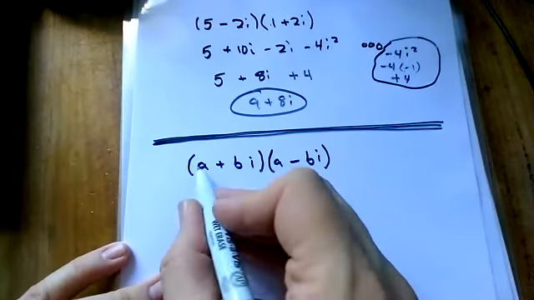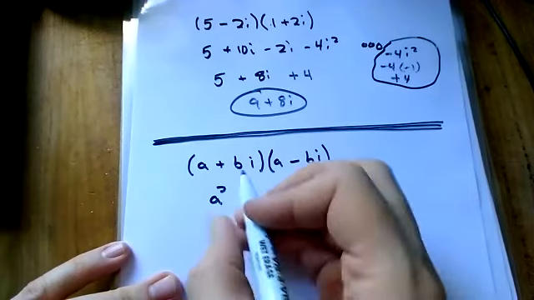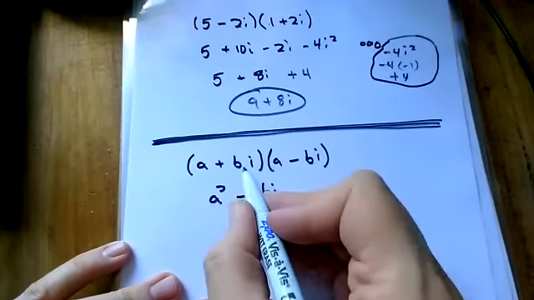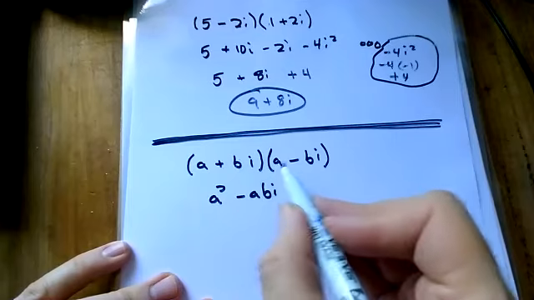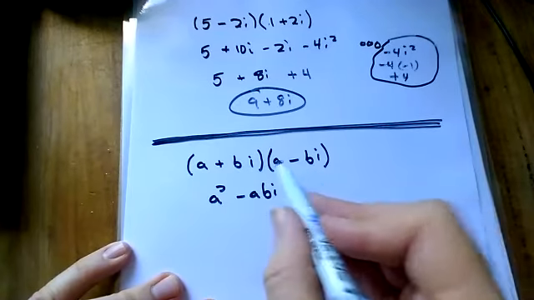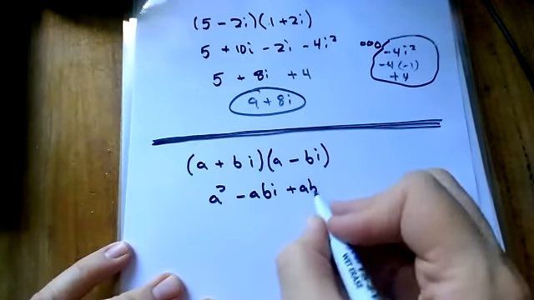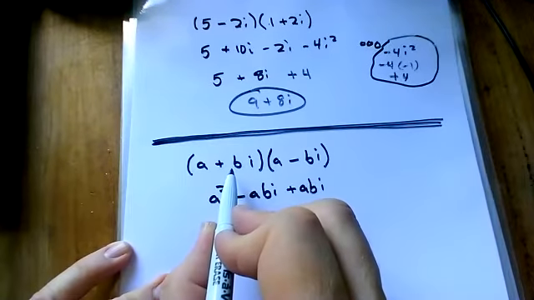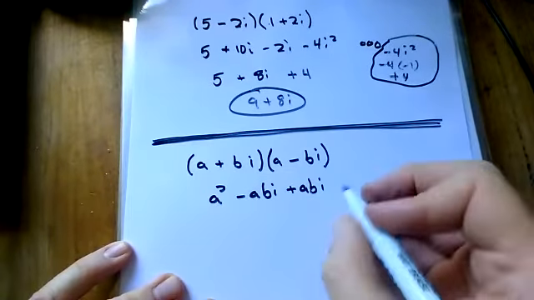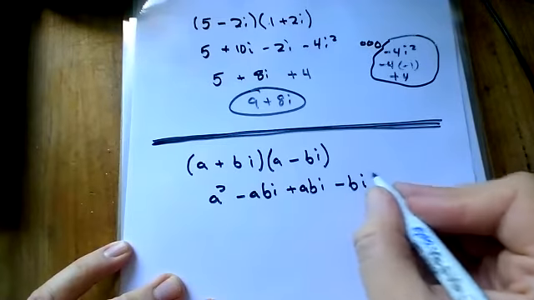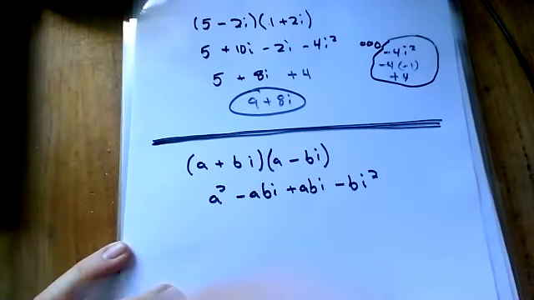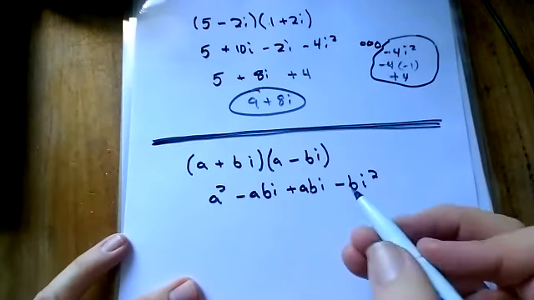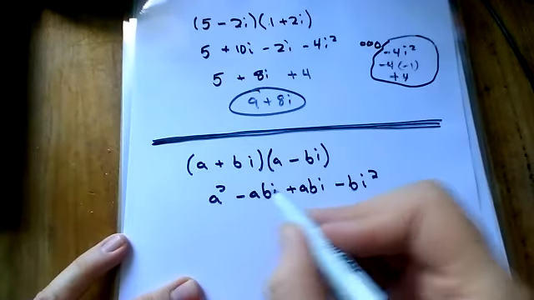a minus bi, a times a is going to be a squared. I'd have minus abi. Then I'll have positive bi times a is going to be plus abi. And then bi times negative bi, that's going to be minus b squared i squared. Well, because it's a conjugate, my middle two terms cancel out.